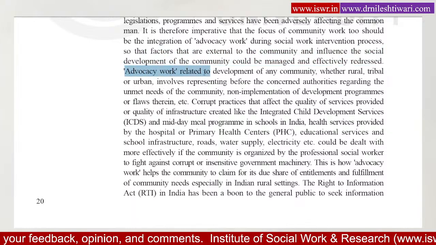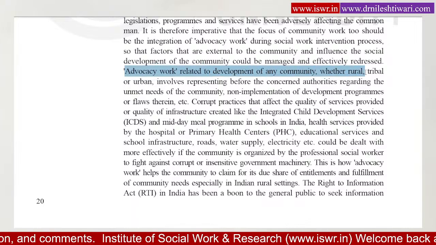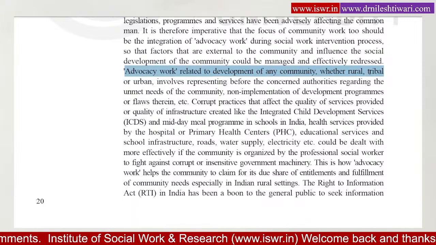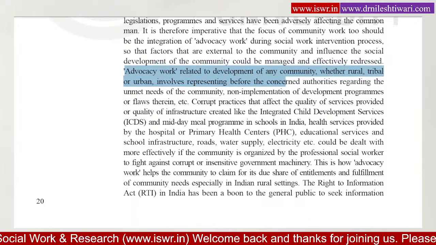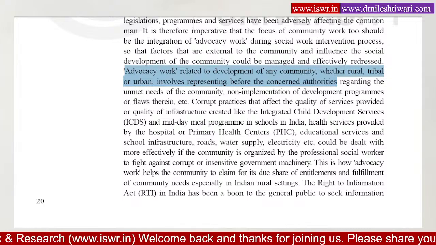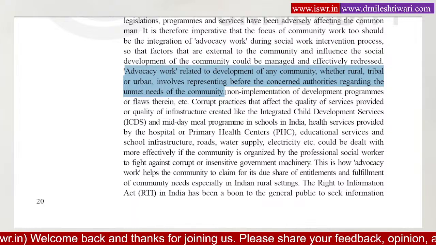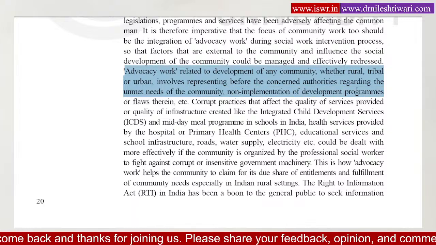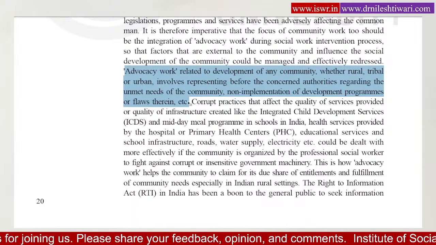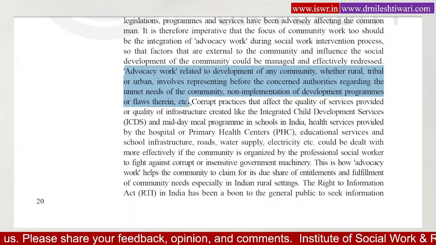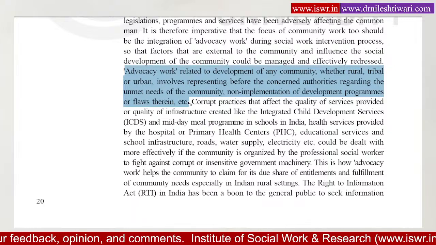Now, advocacy related work is to development of any community, whether it is rural, tribal, urban, and it involves representing before the concerned authorities regarding the unmet needs of the community, the non-implementation of the development programs and flaws, etc. So this is the line which discusses what is to be done, right?